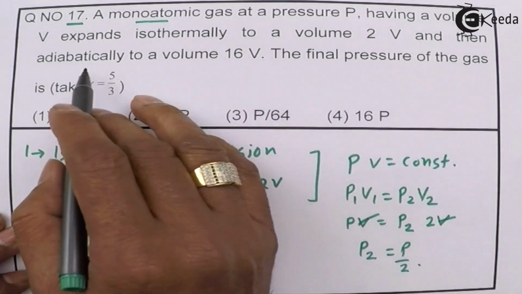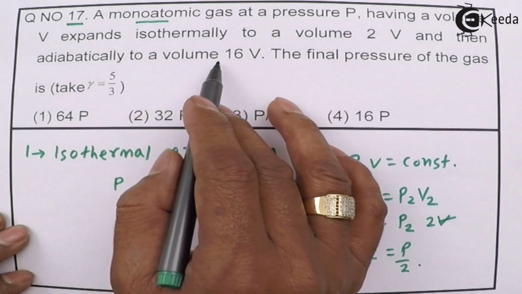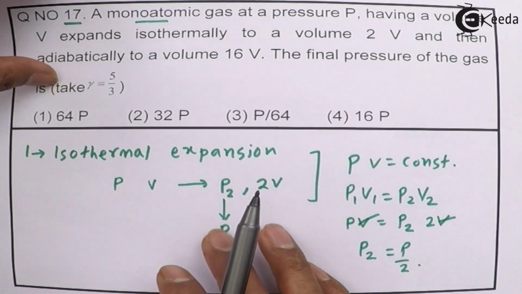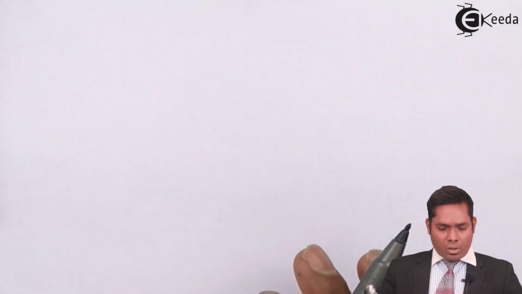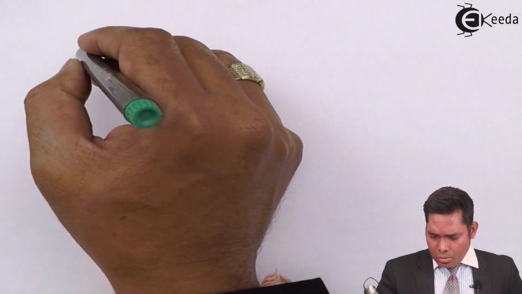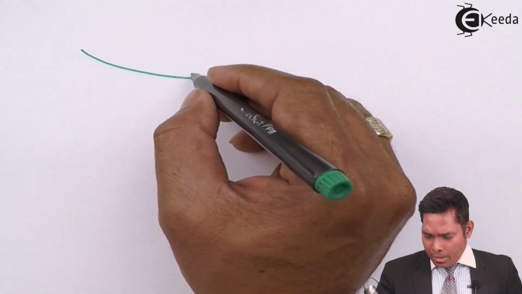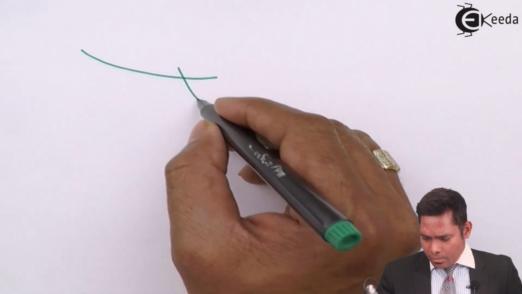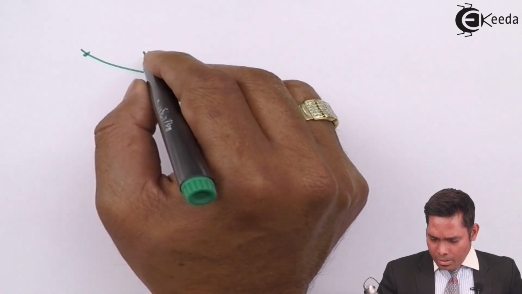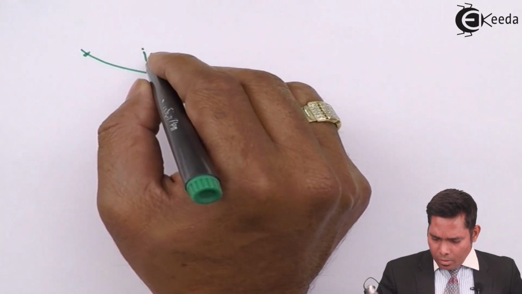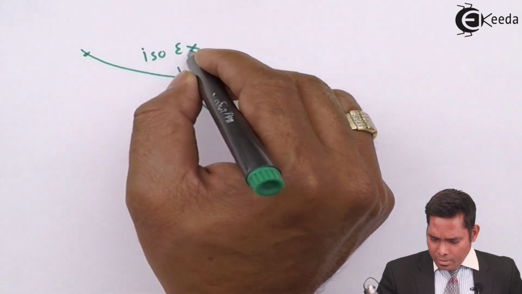Next, then adiabatically to a volume 16V. Then it undergoes adiabatic expansion. So it's isothermal expansion first, then adiabatic expansion. From here to here it is isothermal expansion.